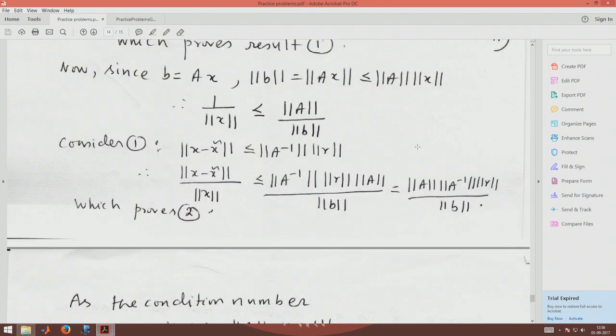We can immediately get the bound on the absolute error and the relative error. For a given problem, when we get an approximate solution using the direct methods, namely Gauss elimination methods or any of the direct methods that we have studied.